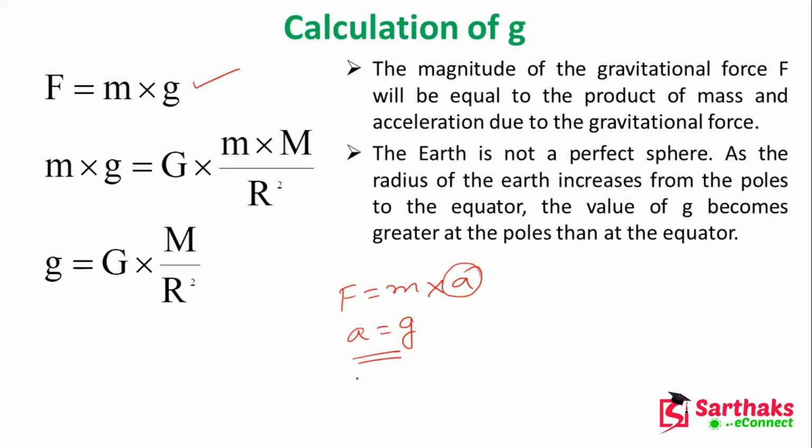Now again, if there are two objects, capital M is the mass of the earth, and small m is the mass of the object or body.